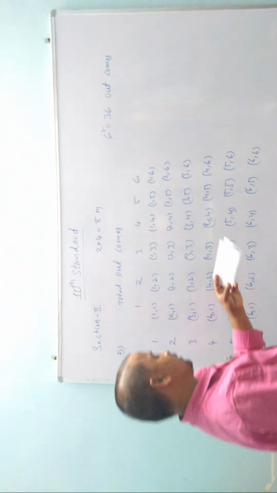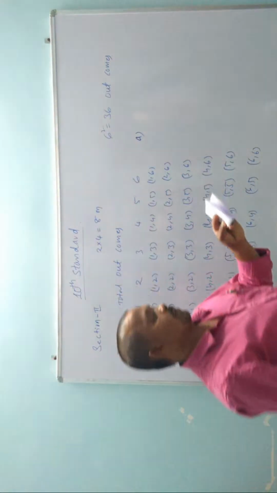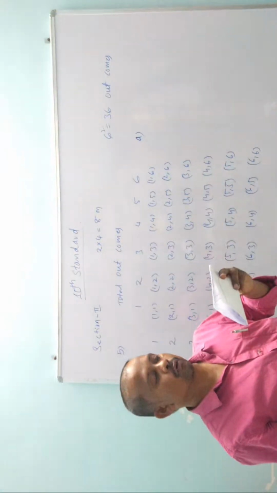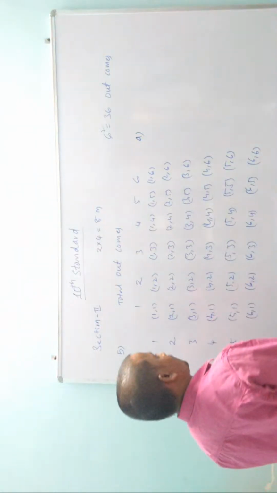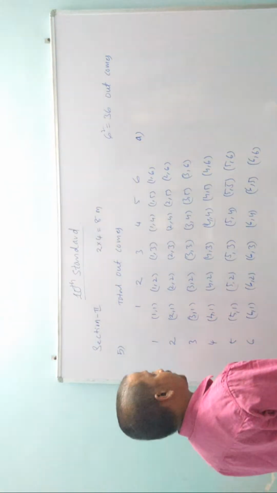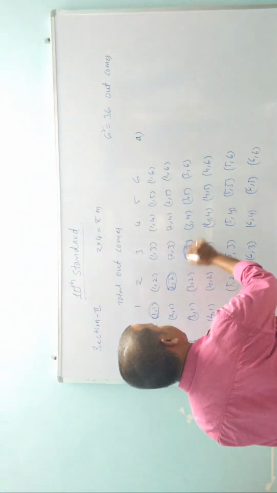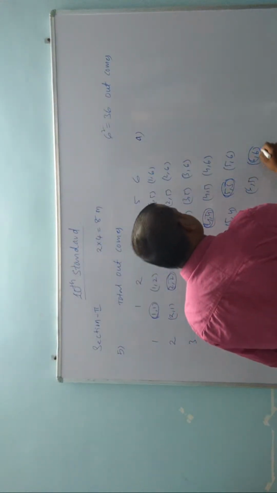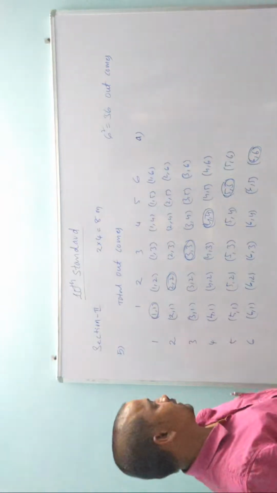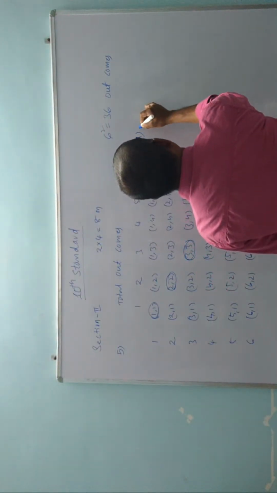Then what is the question? Question A: same number on the top face of both dice. So how many favorable outcomes are there? 1,1, 2,2, 3,3, 4,4, 5,5, 6,6. So we get the same number on the top face of 2 dice. Do you know the formula?